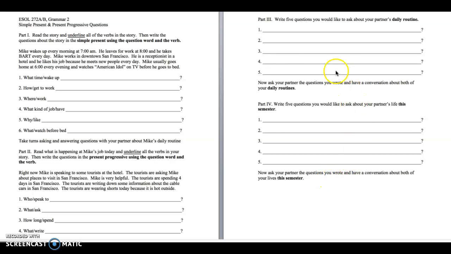And so they're, again, both getting practice answering and asking questions in the simple present and in the present progressive. So basically, that's my little lesson for contrasting simple present and present progressive, the meanings or usages of those two tenses, and the question formation for both as well. So that's it.